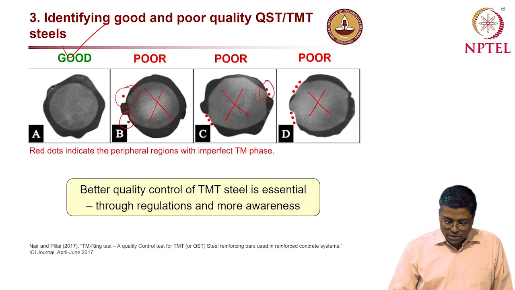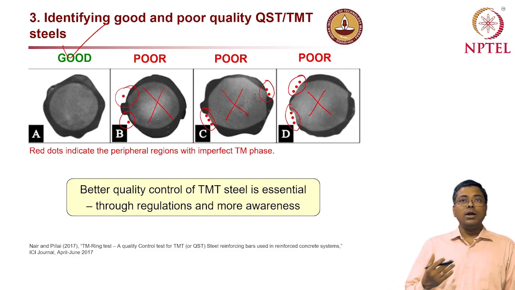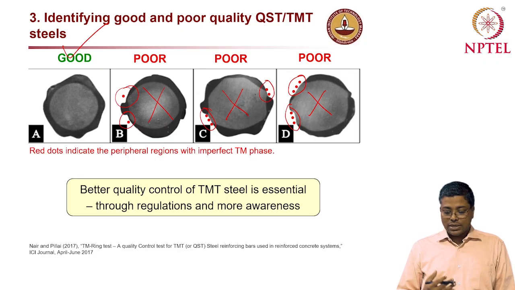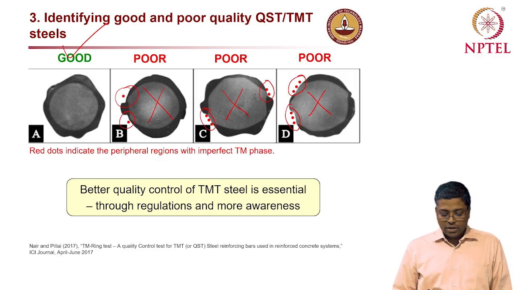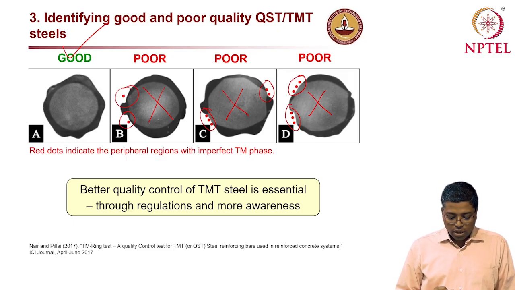Here also there is a disconnectivity. This is disconnected, this is disconnected, so this leads to earlier corrosion, or it can lead to corrosion at a lower chloride concentration. So we definitely have to prevent the use of such type of steel.